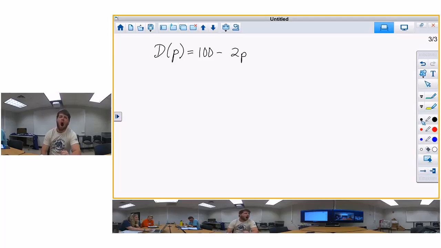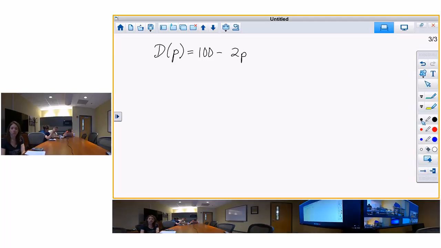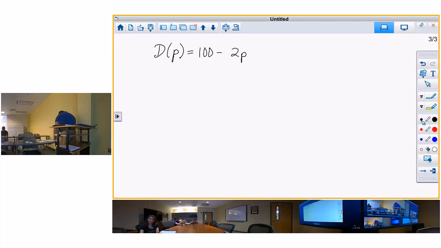Did we go over one like this in the notes? The one I have is P and Q. It gives you the equilibrium, does it not? The closest one I see is the demand function is 100 over x plus 1, and the equilibrium price is $20. But they didn't give us that in this problem.